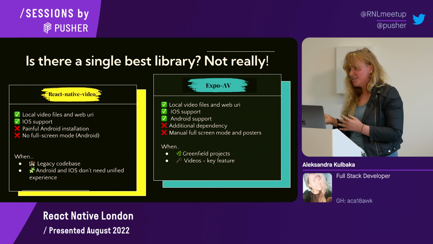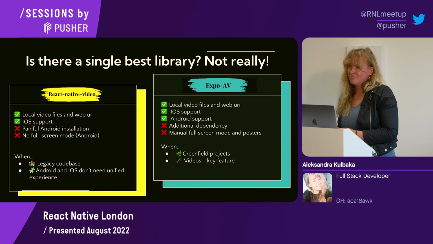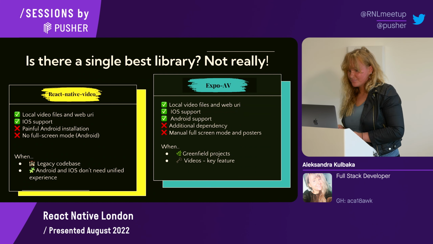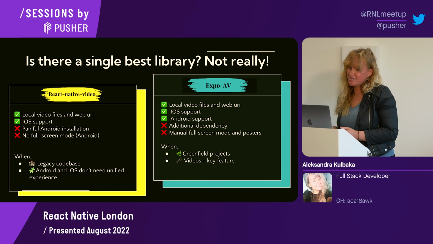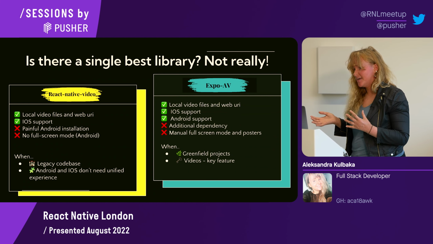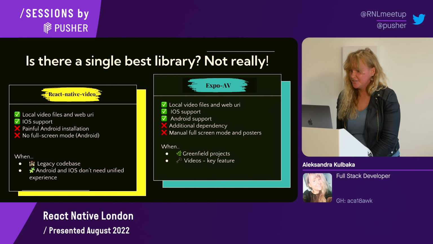If, however, the videos are a key feature in your app, or if you have just created a project, you'd probably set it up with Expo, and the choice would be obvious. Or, yeah, if you just created the project, definitely go for Expo-AV. If you want a unified experience, then yeah, definitely go for Expo-AV.